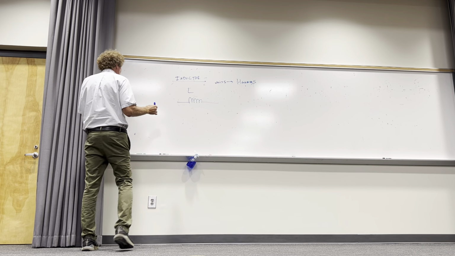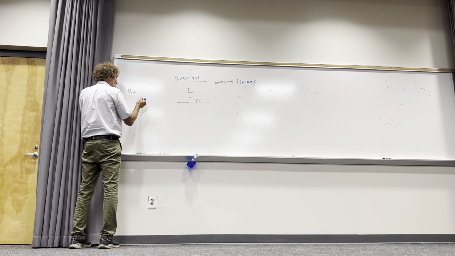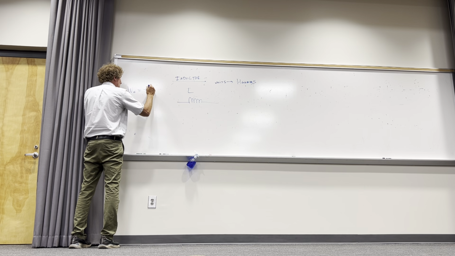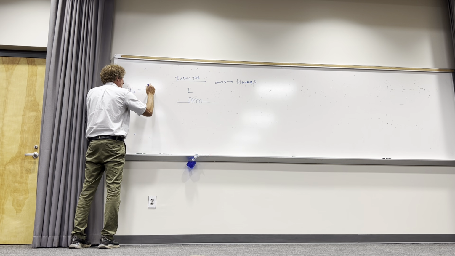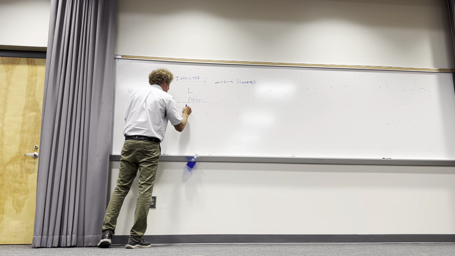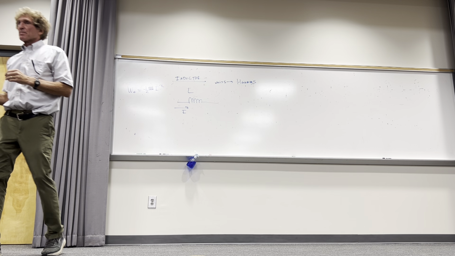You don't have to know this right now, but the actual magnetic energy in this inductor is 1/2 L times I squared. So if there's a current going through here, that would be the magnetic energy in an inductor.